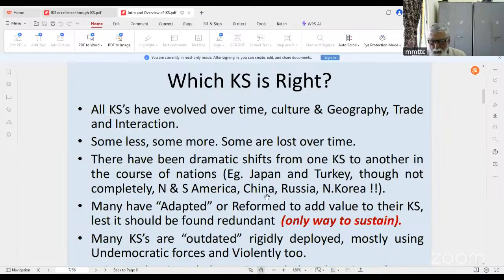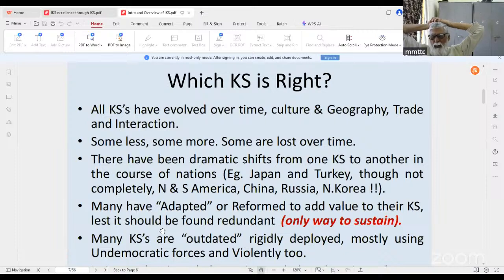Okay, many have adapted or reformed, not that complete imposition. Many have adapted to add value to their knowledge system, lest it is found redundant. For example, all of you, I'm sure, even among the participants, have already changed the type of dress you are wearing.